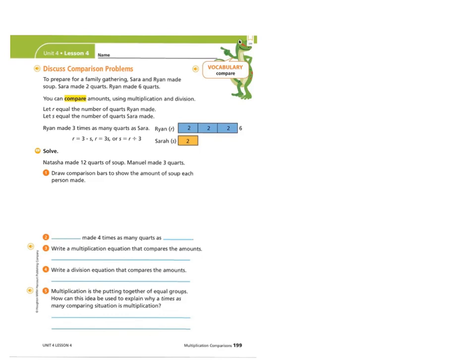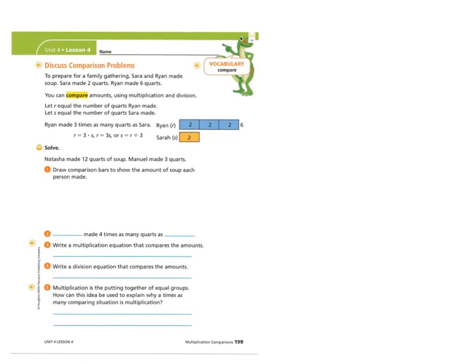So Natasha made 12 quarts of soup and Manuel made 3. So I'm going to write here, better get my pencil here. Start with black. Manuel made 3, Natasha made 12.